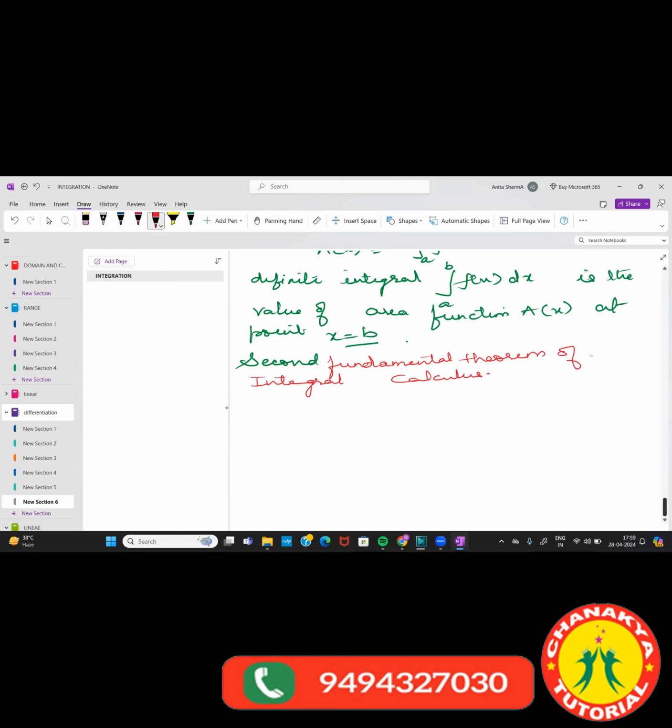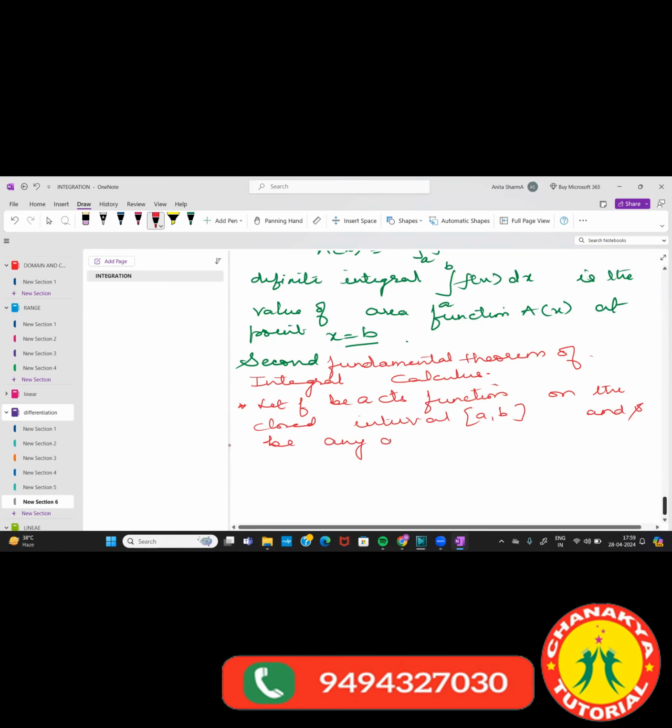So let f be a continuous function on the closed interval [a, b], and phi be any antiderivative of f.